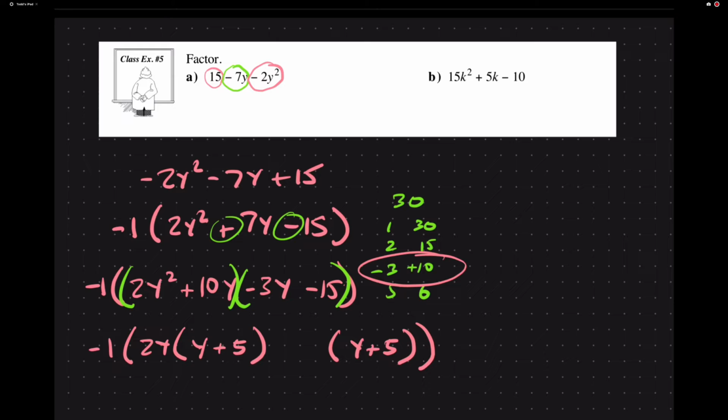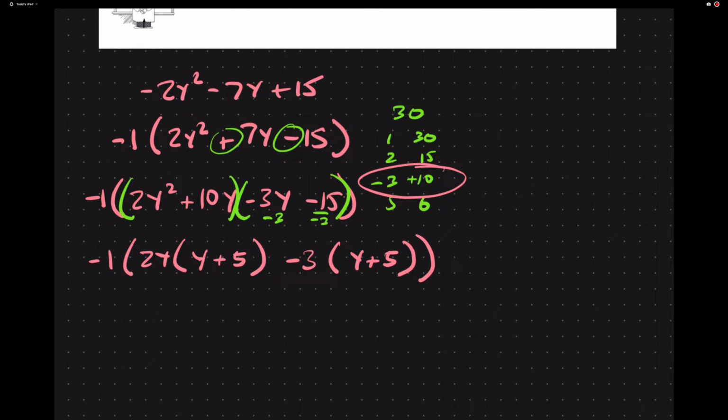So what am I pulling out of there? It looks like I'd have to divide it by a negative 3. And that will work out. So I pulled out a negative 3. So in this case, what do I have? I've got a negative 1, I've got a y plus 5, which is these two canceled, and I'm left with a 2y minus 3.